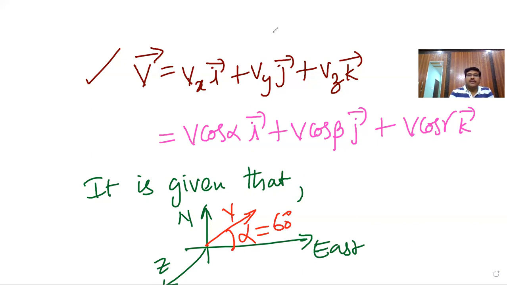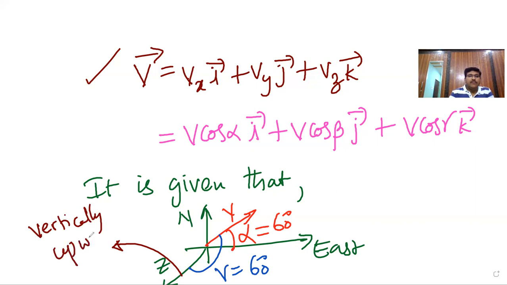Similarly, with the vertically upward direction, V is making gamma, given as 60 degrees again. We are taking the z-axis as vertically upwards. Clear?